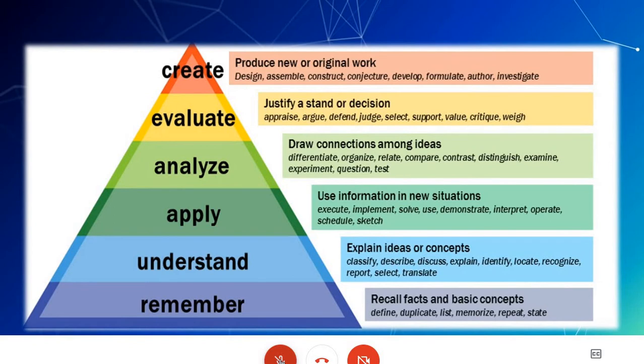After that, you have the creation stage, in which your students will use all of the information that they learned through the taxonomy to create a new idea or a new product. So in this case, you will ask them to design something, to assemble, to construct, to formulate, maybe to author, if it's maybe an English lesson or something, or to investigate.